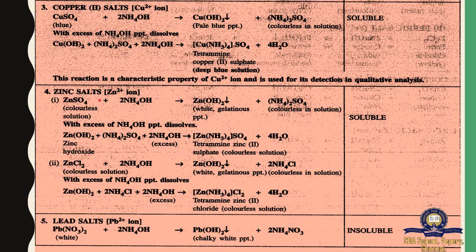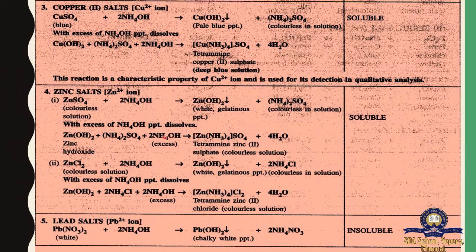Next, zinc salt. Here zinc sulfate is reacting with ammonium hydroxide, forming zinc hydroxide. It's a white gelatinous precipitate and then forms the corresponding ammonium sulfate. It is also soluble when we add an excess amount of ammonium hydroxide. It is forming a tetraamine zinc(II) sulfate solution and then water.